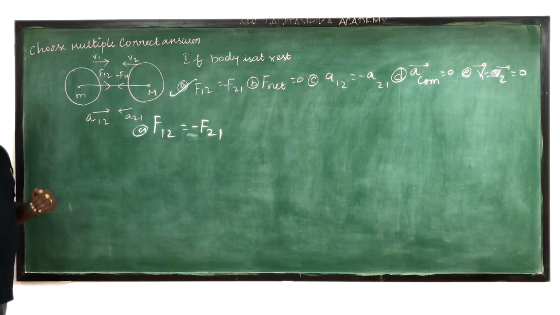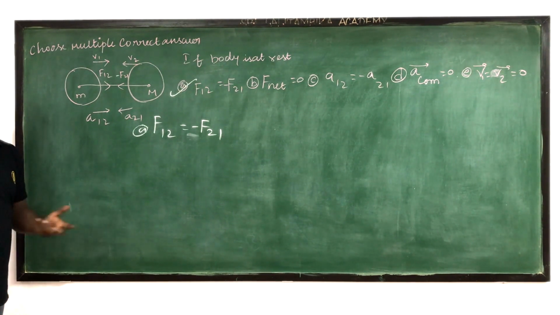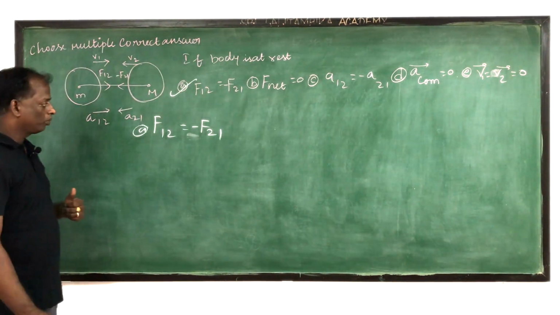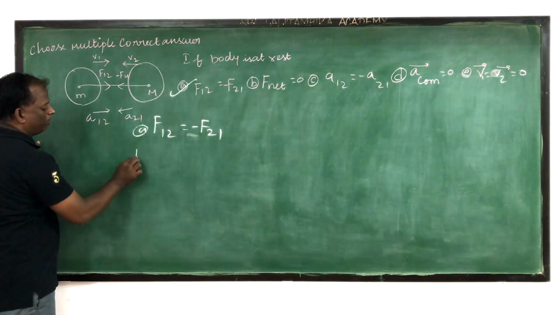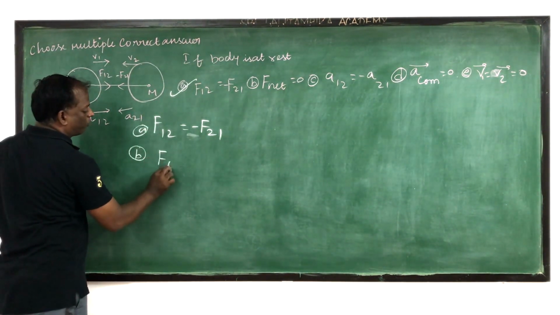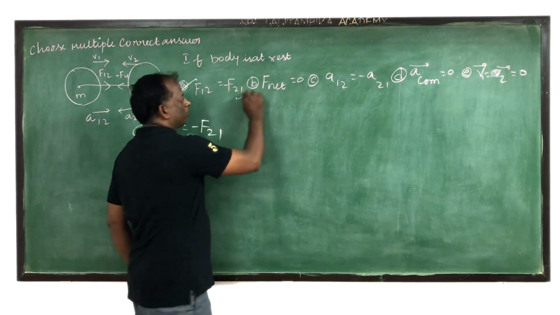According to Newton's law of gravitation, if a body is at rest, the total net force acting is equal to 0. They have said the object is at rest. So what is B? The total net force is equal to 0. So the second option is also correct.